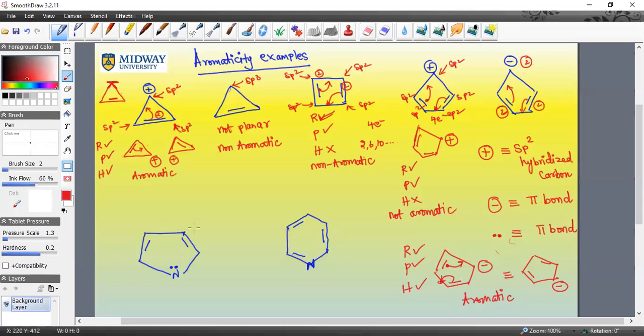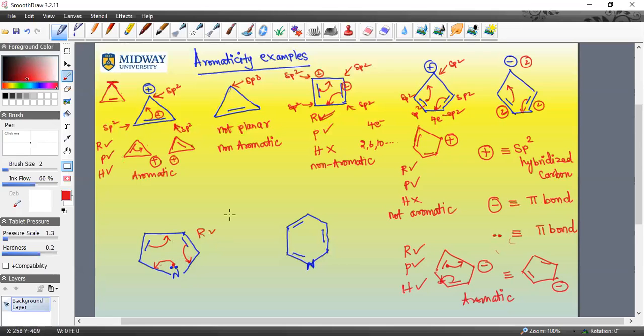Let's come over here. As I said, a lone pair is a pi bond. So this is a pi bond. So if I move this over here, then I'll be able to move this over here, move this over here, okay? So this lone pair acts as a pi bond. So yes, I'm able to get my head and my tail adjacent to each other.